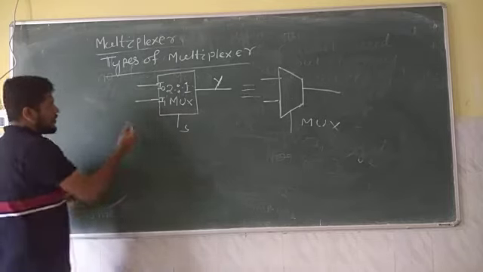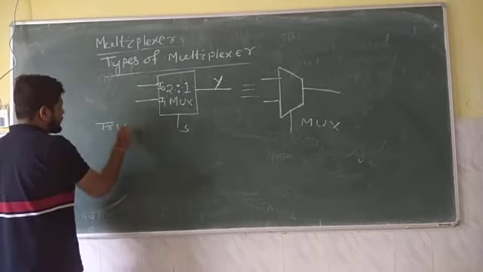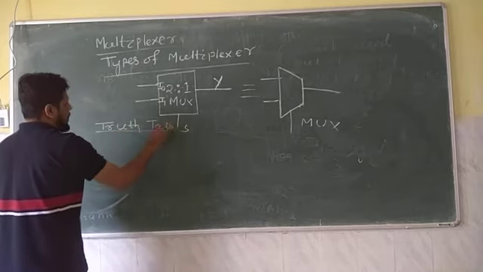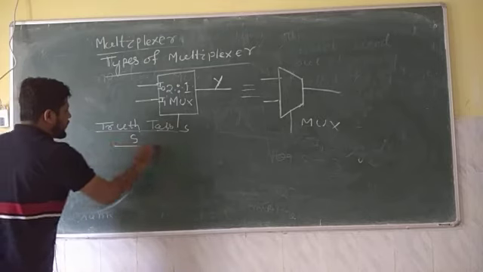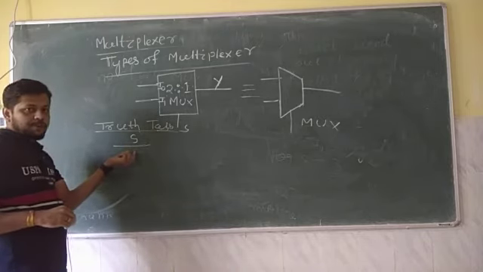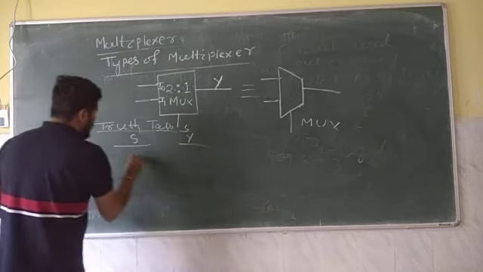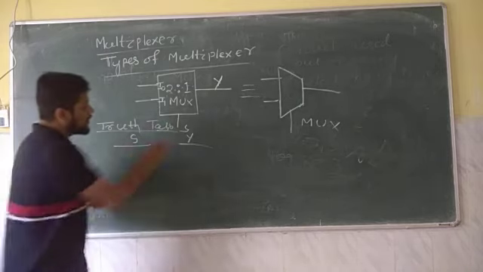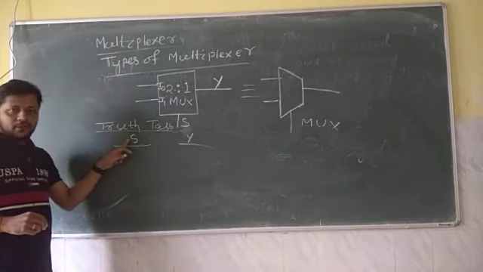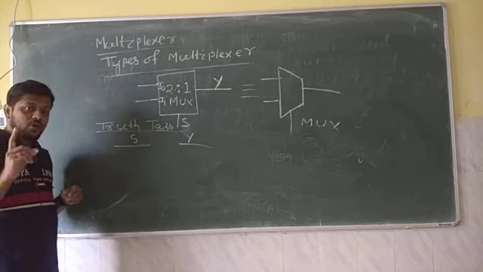Now we will draw the truth table. Always draw the truth table with respect to your selection line and output Y. This S is your selection line, a single variable, so S can be either 0 or 1.